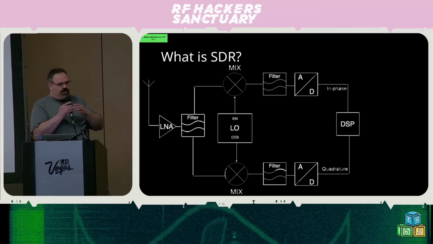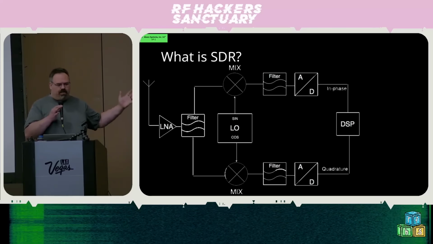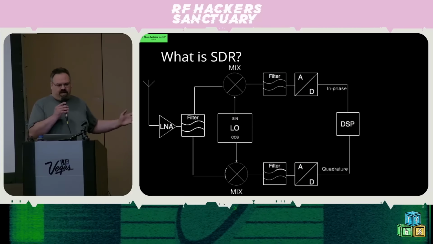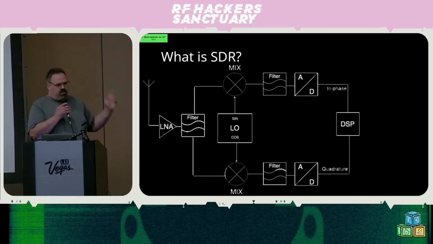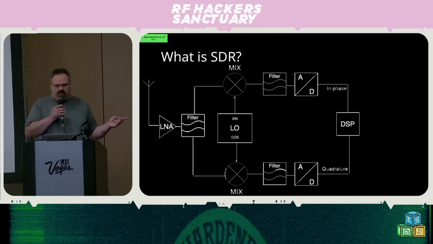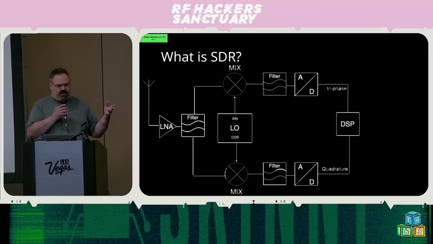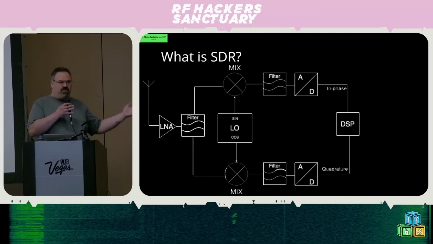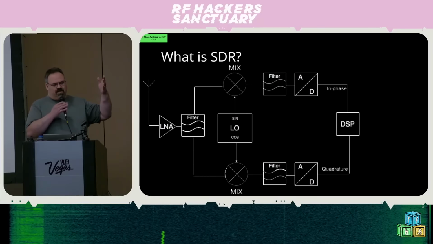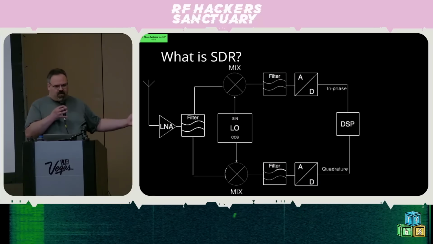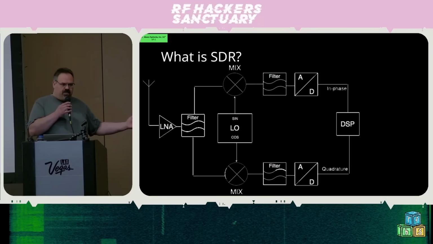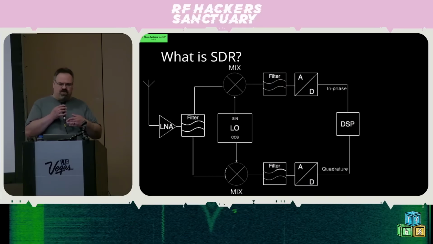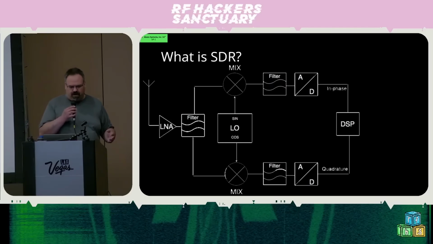So if you want to sample a really wide bandwidth signal, you either need one really fast analog to digital converter that is twice the speed or twice the sample rate of the bandwidth of the signal you want to capture. So if the signal you want to capture is 60 megahertz wide, you need an ADC that samples 120 million times per second, or 120 megahertz.